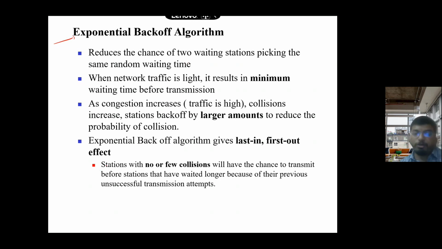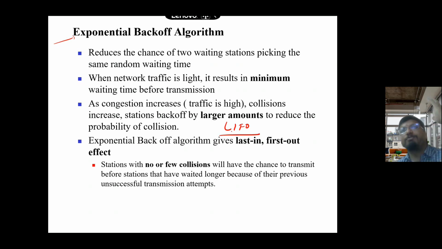When the network traffic on the LAN is light, it results in a minimum waiting time before transmission. But if there is more traffic on the LAN, congestion increases, every station is trying, and they have a larger amount of time to wait. This is going to be a problem. Here, this algorithm will give a last-in-first-out effect.